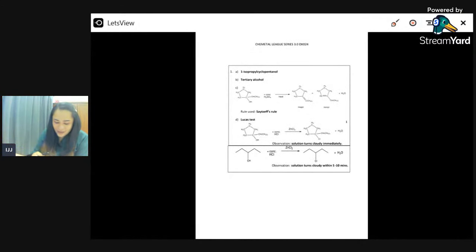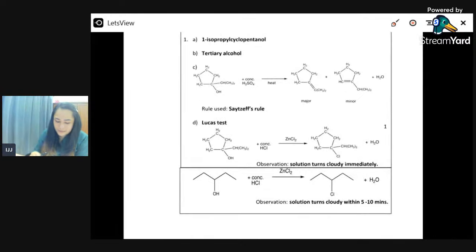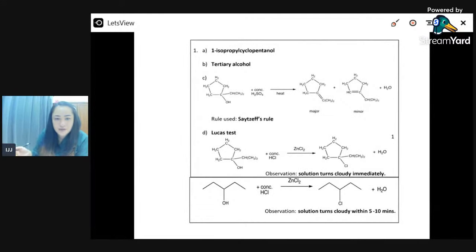Okay, this is the answer scheme. Madam discusses and at the same time gives the answer scheme, so you can answer like this. First, name it and state that it's a tertiary alcohol. The answer is pretty straightforward. And then the full chemical equation, you must write the major and the minor. And then B, as I mentioned earlier, if you are asked to differentiate between two compounds, first you must state what test you use.